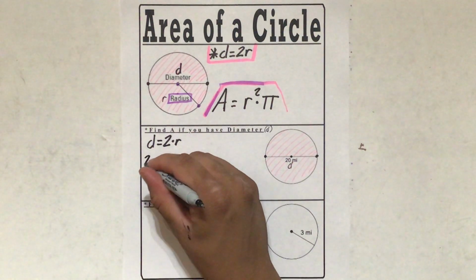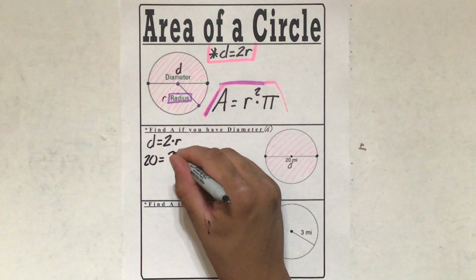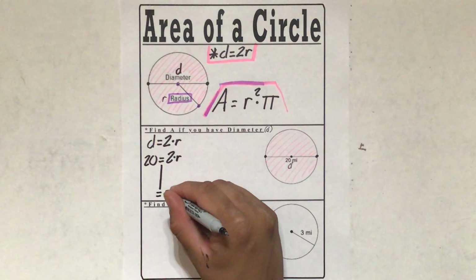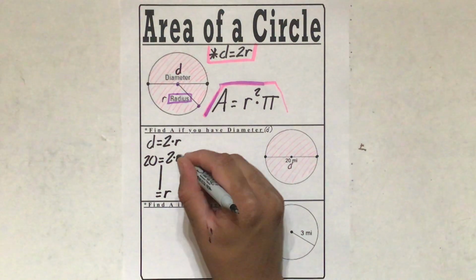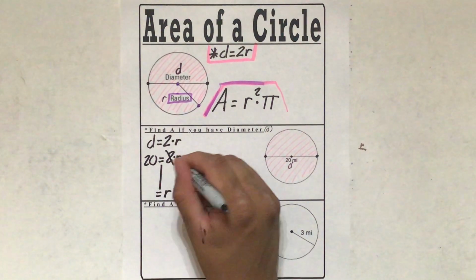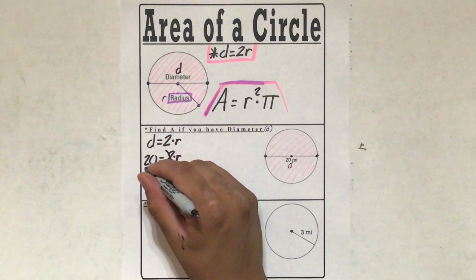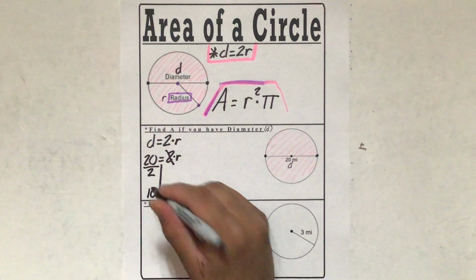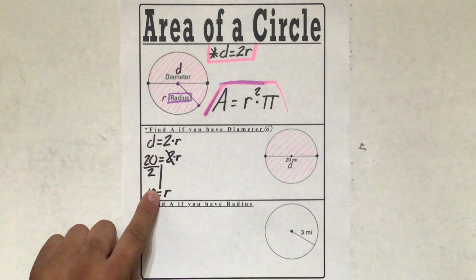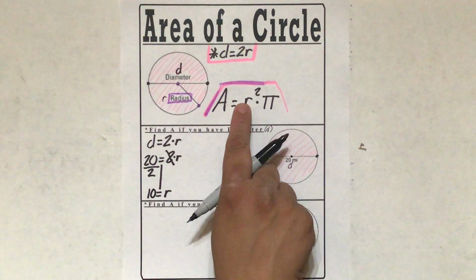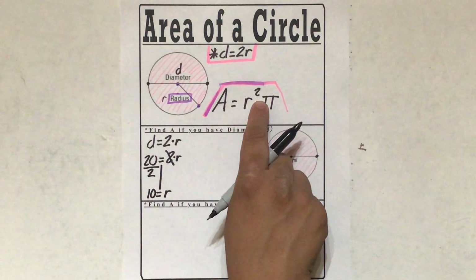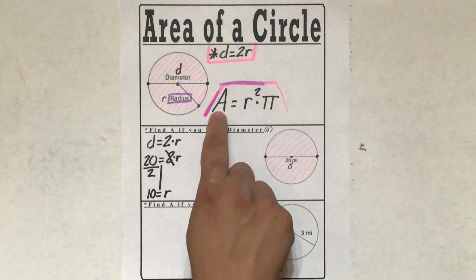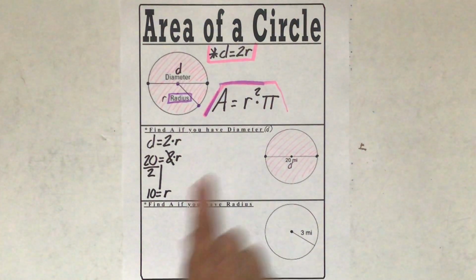So I say 20 is equal to 2 times R. Well, my goal here is to solve for R. So this is 2 times R, so I cross out the 2 where I'm multiplying and go to the other side and divide. 20 divided by 2 is 10. So there's my R, and I need R to find my area, because the formula is R squared.